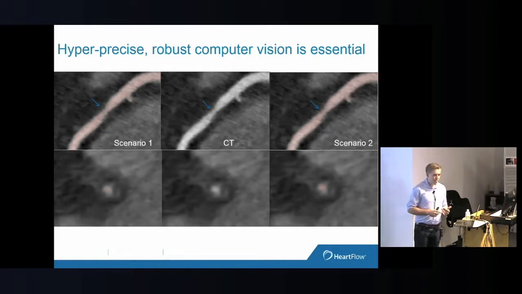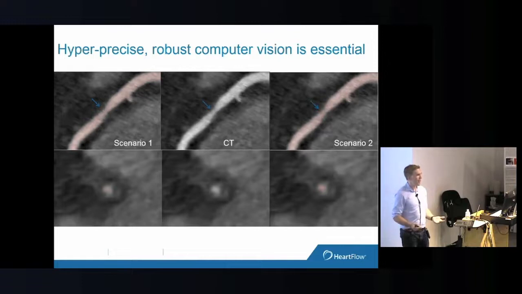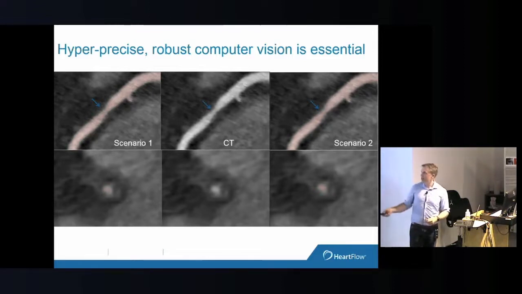And not every patient is so sensitive. Not every vessel is so sensitive. However, it can happen. And because it can happen, it requires us to be extremely precise, extremely consistent, and robust when we're performing these segmentations. And in fact, these are pretty simple scenarios, pretty clean image.